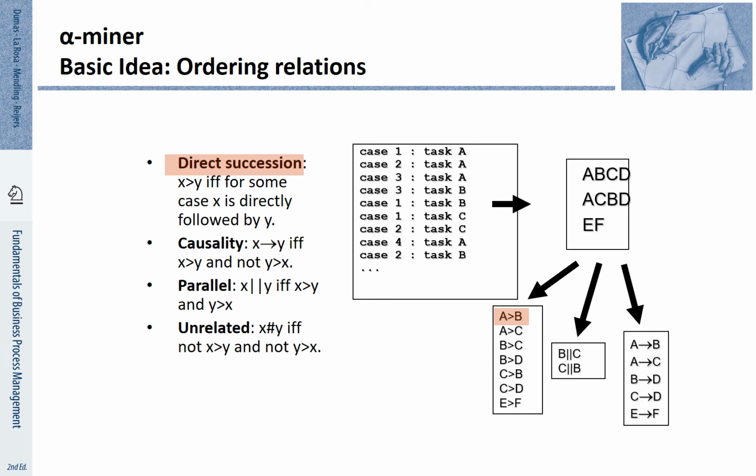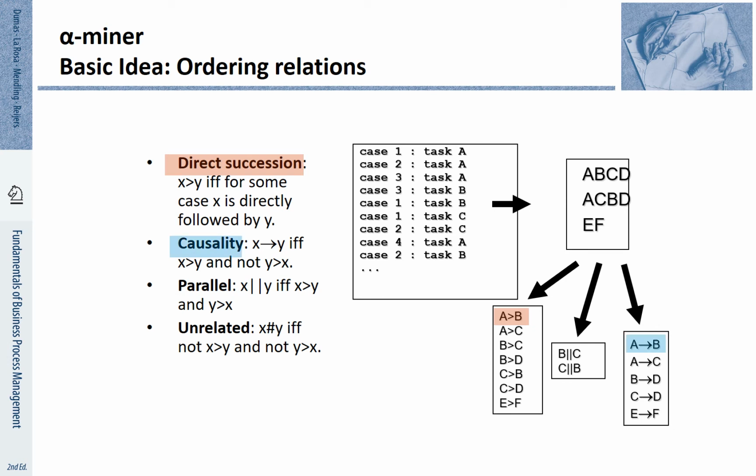The goal is to identify all these directly follows relations in our event log. If A is followed by B, we use the greater than sign from mathematics to represent it. That means it reads A is followed by B. This list of directly follows relations is then used as a basis for determining more complex relationships.